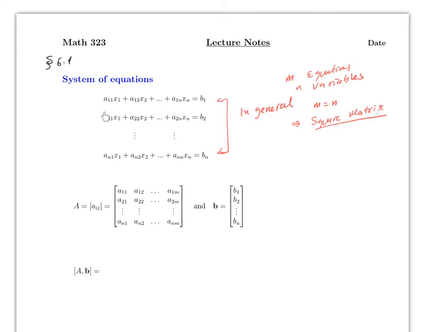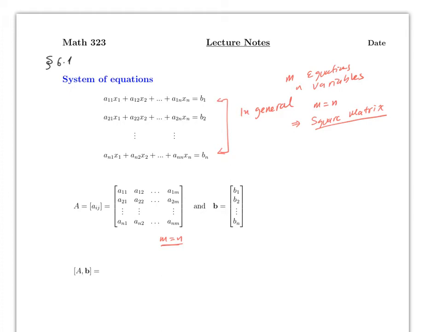Now, the first thing to refresh your memory is that you can break it into technically three pieces. The matrix A, where we assume that m is equal to n, which makes this a square matrix. A is just the coefficients.